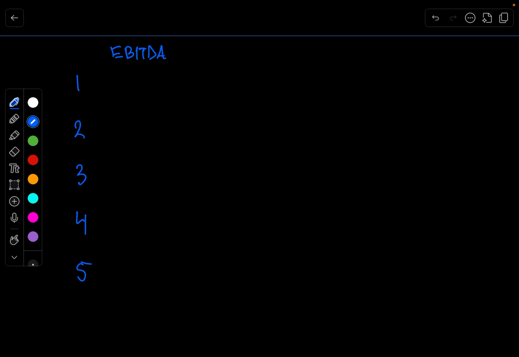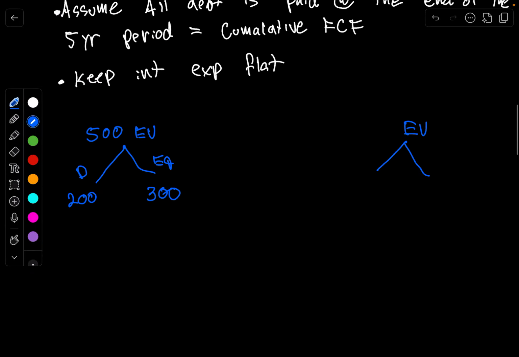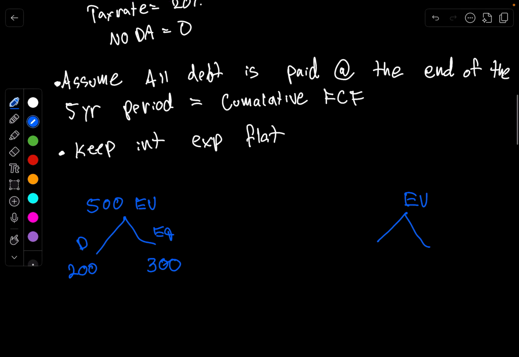That's given as 50 million. What is our interest expense? They said calculate this out and hold it flat for the whole period, right? Oh, I should have said here, exit at same multiple, right?